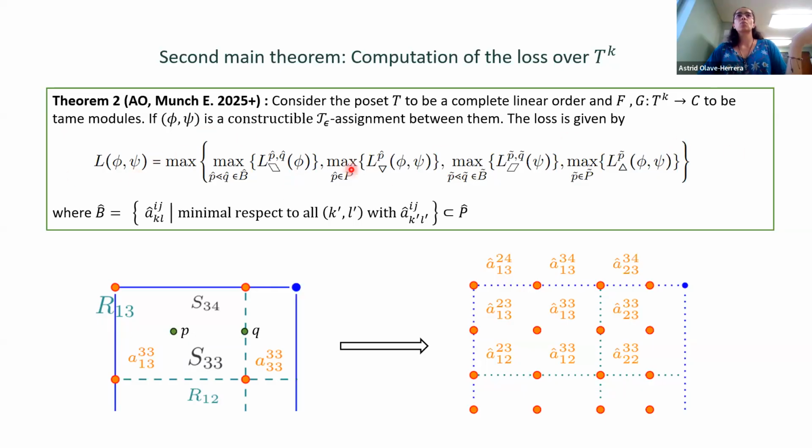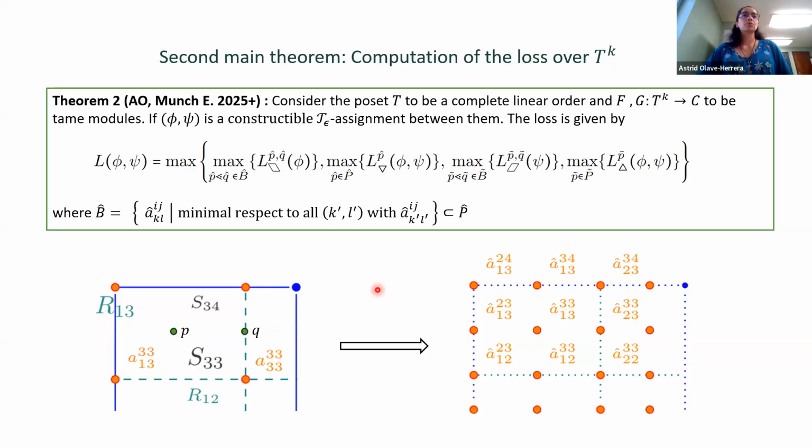But the point is, we are taking the loss of the triangles over a finite set that is called P hat, and over a finite set of elements that is called B hat, where B hat is just some kind of minimality into those elements. So for example, between A3413 and A3423, I'm taking just the first one, but it's just a technicality. The point is we are able to reduce, it can be infinite if we are near real numbers, to a finite number of them.